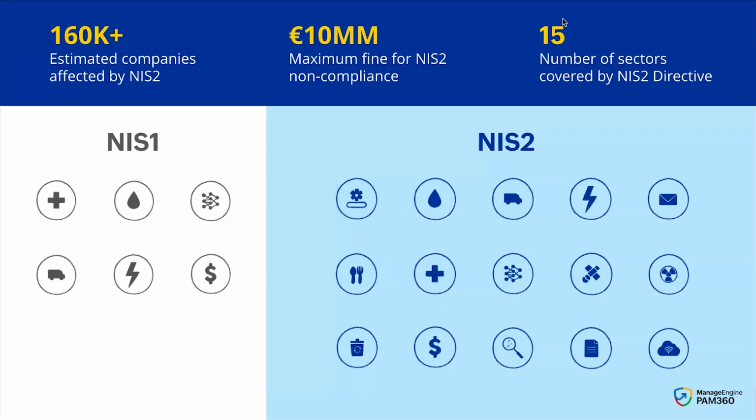And apart from that, NIS1 particularly focused on some key industry categories under which organizations fell. For example, financial, healthcare, energy, and water are something that NIS1 already focused on. But with the introduction of NIS2, it now encapsulates around 160K plus organizations that are affected.